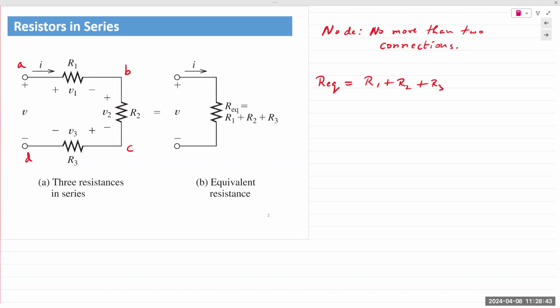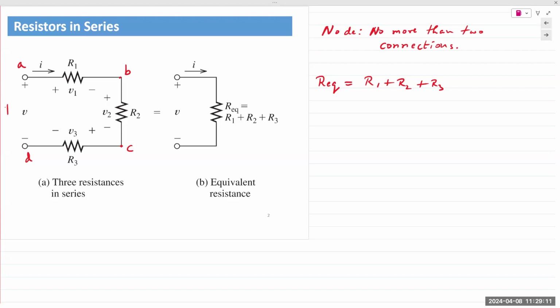Similarly, at node C, I have two connections, R2 and R3, no more than two. So I can state that R2 and R3 are in series. And because R1 and R2 and R2 and R3 are in series, we can combine all three of them together and state that all three of them are in series at the outer terminals.